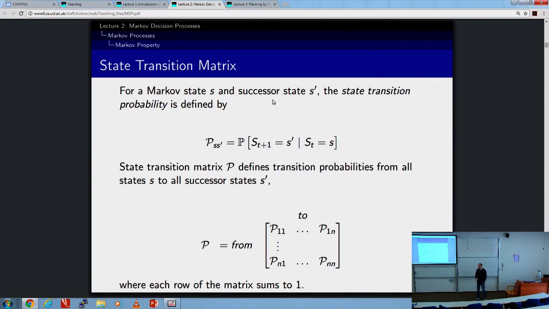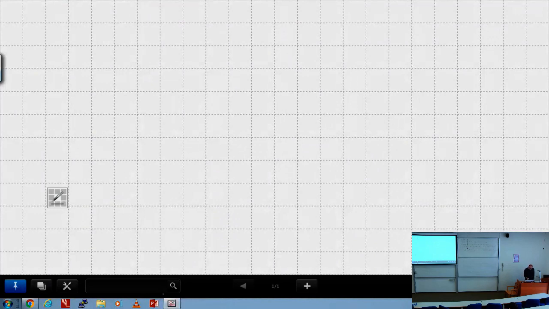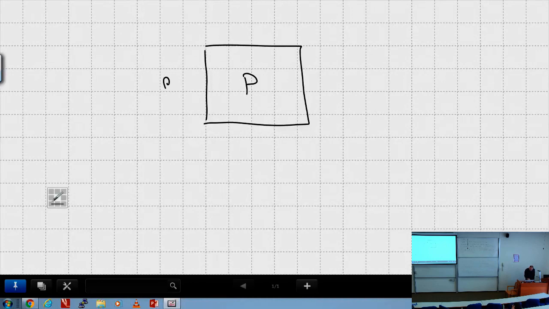So what can we do with this type of matrix? Any ideas? So here's a matrix P. These are from, these are to.